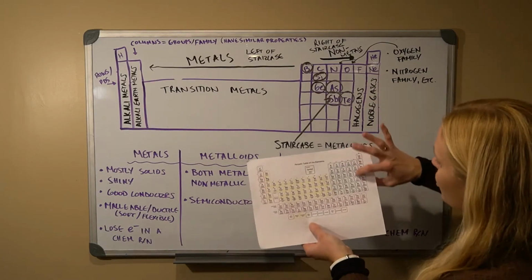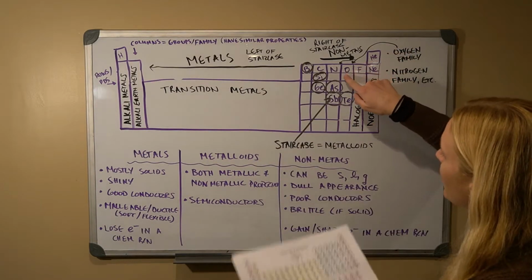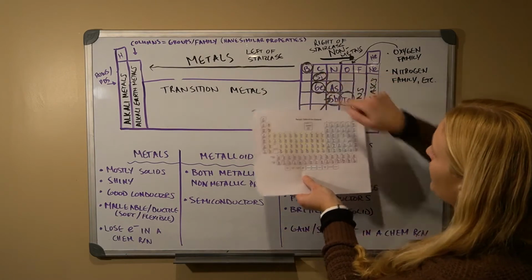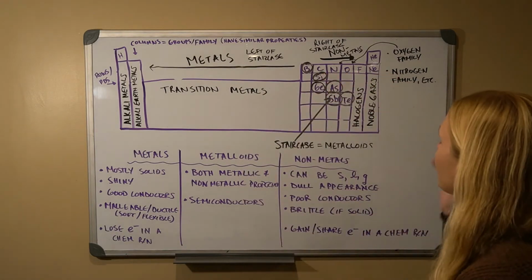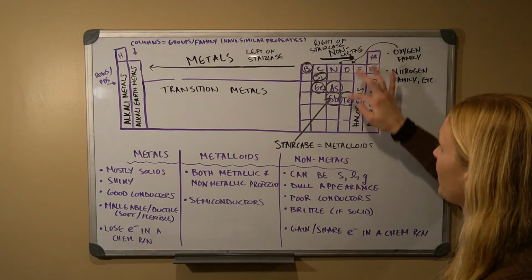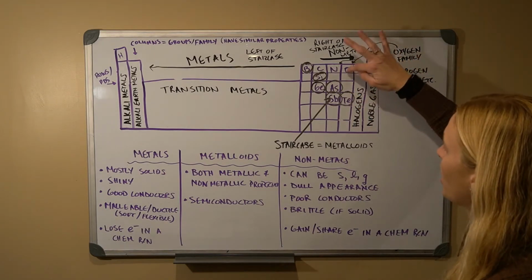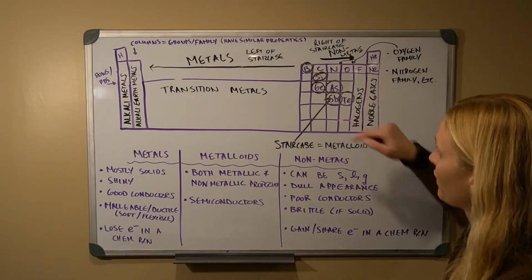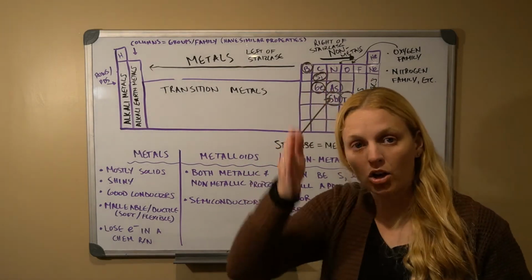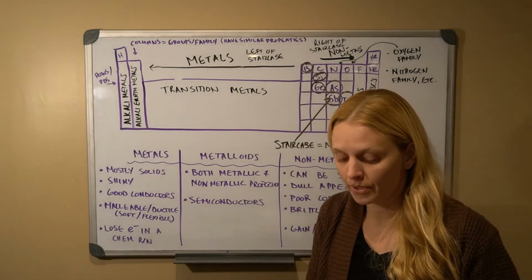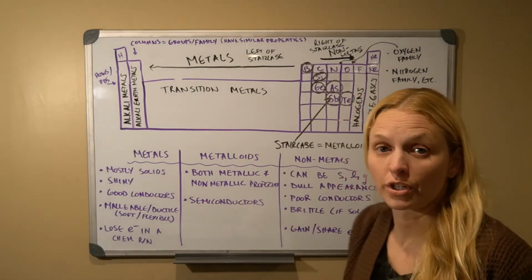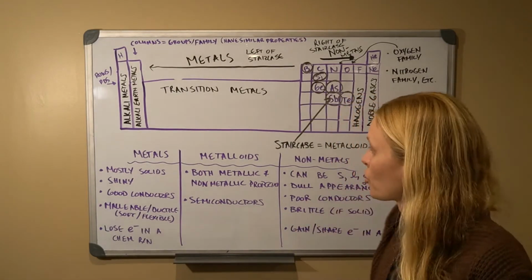Then the top of each of the columns following that, we sometimes say the oxygen family, the nitrogen family. Remember, everything in that column has similar properties and similar electron configurations that we'll talk about shortly.